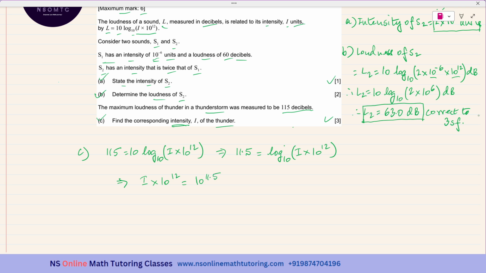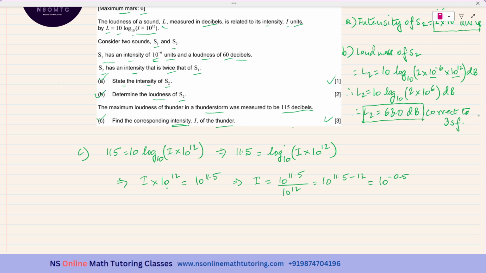And now I am dividing both sides by 10 to the power of 12 because I have to make I the subject. It is 10 to the power of 11.5 divided by 10 to the power of 12, which is equal to 10 to the power of 11.5 minus 12, which is equal to 10 to the power of negative 0.5.